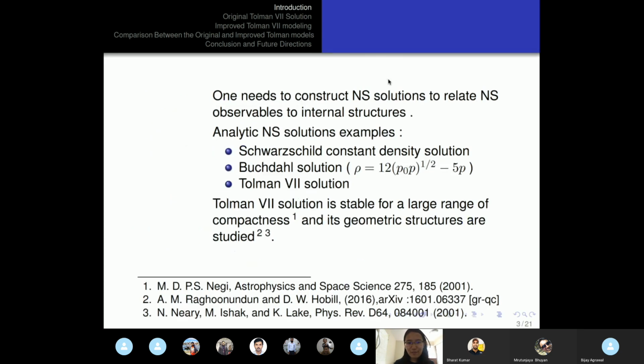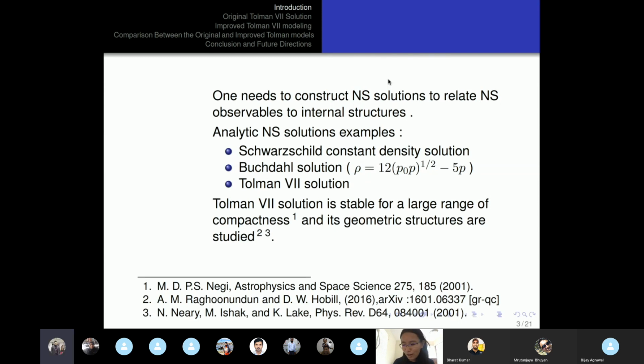First, people need to construct neutron star solutions to relate the neutron star observables to the internal structures, like the inner nuclear structures. And there are some analytic neutron star solutions, which are like the constant density solution and the Buchdahl solution.